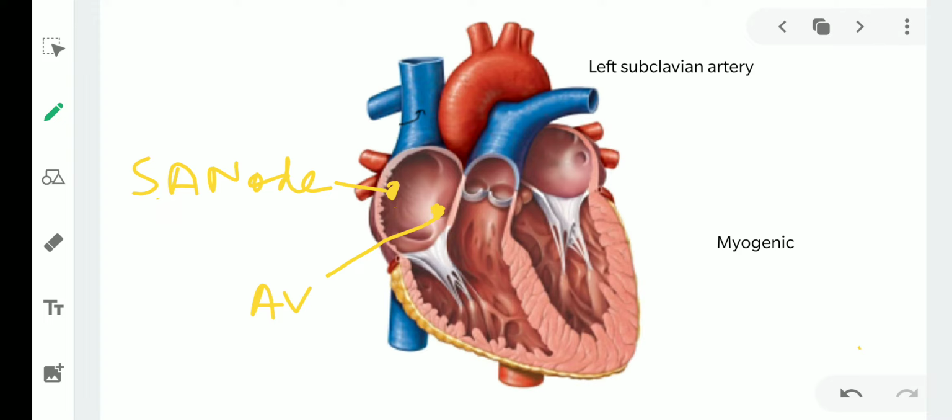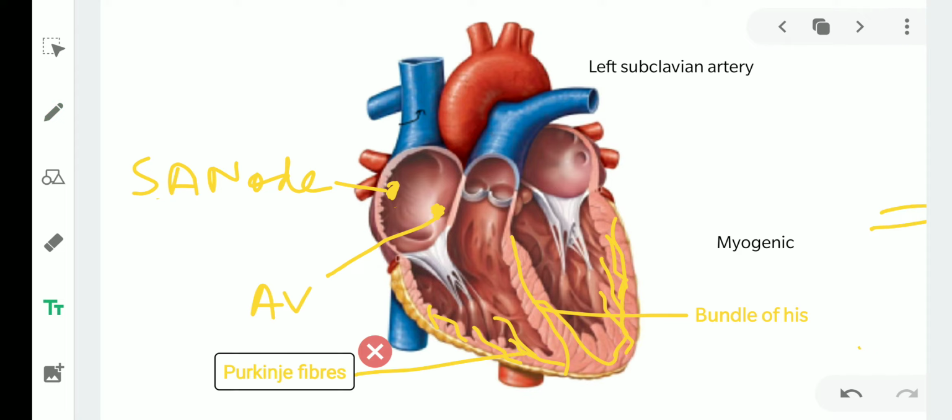These are connected, and then here there is a very prominent fiber which has two subdivisions, right and left. This is the bundle of His. Now this divides further into some fiber-like structures, and these fibers are present overall. They are known as Purkinje fibers, or the Purkinje fiber as we say.